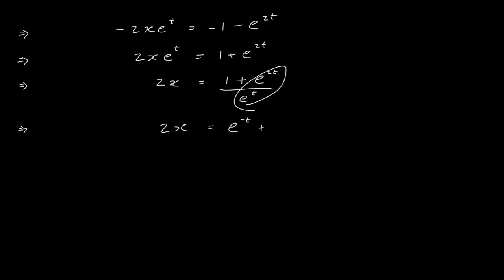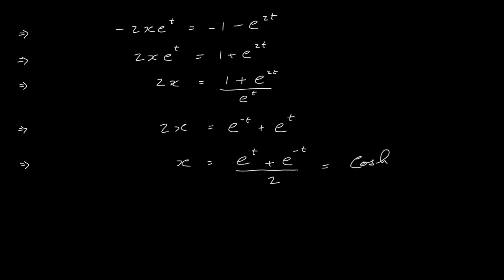If we divide here, e to the power of 2t divided by e to the power of t, subtract the powers, and you're just left with e to the power of t. And then finally we have our x. We have e to the power of t, which I'll put first, plus e to the power of minus t, over 2. So this is our formula that we wanted to derive, and this is cosh of t.